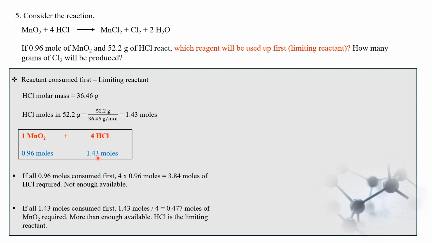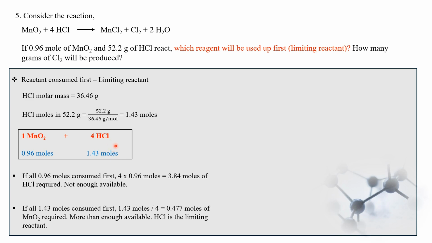Therefore, HCl is our limiting reactant, the reactant consumed first. All 1.43 moles are completely consumed in the reaction. Now, the first question's answer: we already found 1.43 moles of HCl. HCl is our limiting reactant.